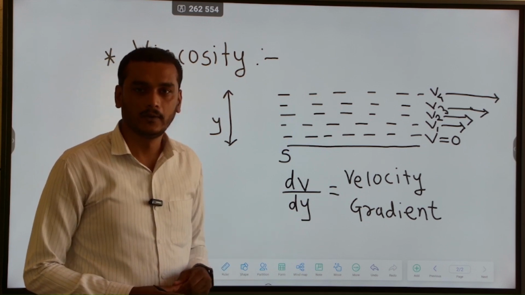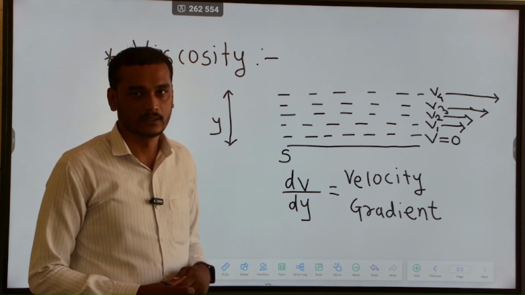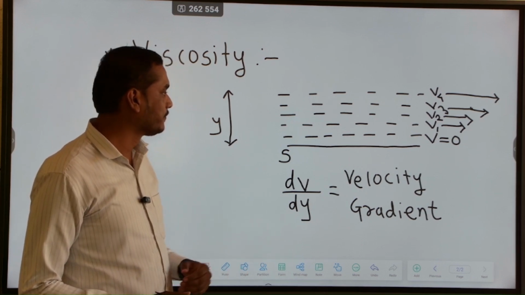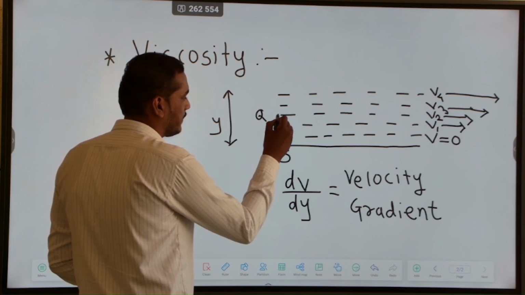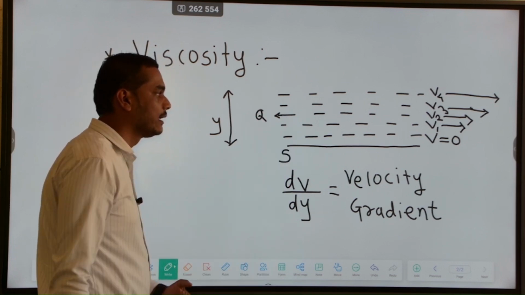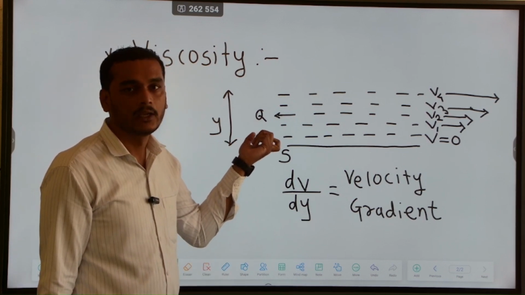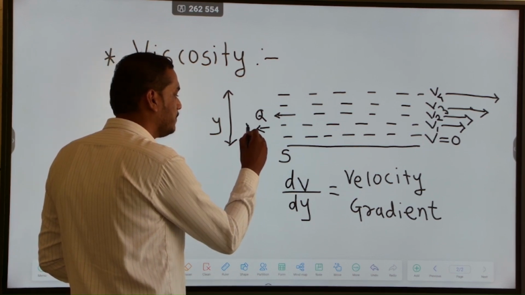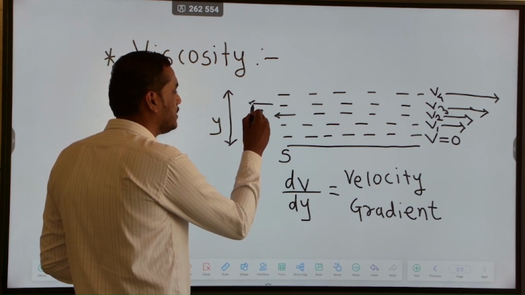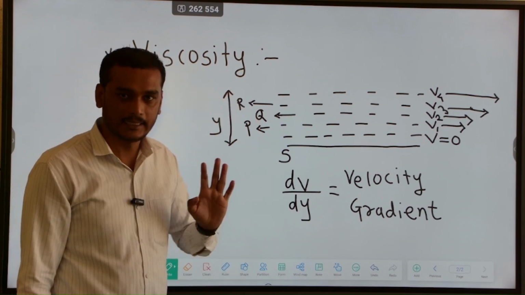Now we have to calculate the forces experienced by these layers. So let us consider this layer as layer Q, and we want to calculate the force experienced by this layer Q. The layer below Q is denoted as P, the layer above Q is denoted as R. Let P, Q, R be three adjacent layers.